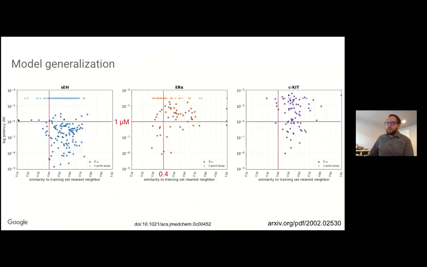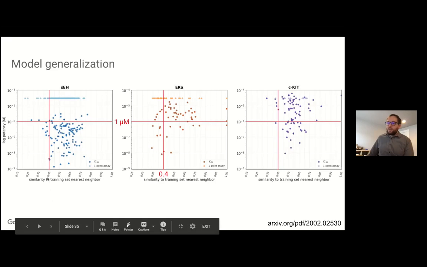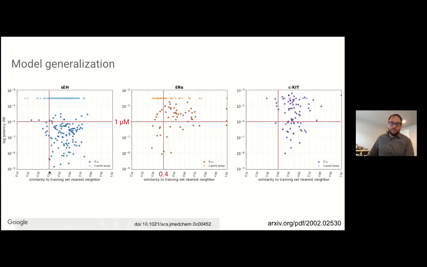So this threshold represents a 1 micromolar cutoff. Everything below this threshold is better than 1 micromolar potency. And the vertical threshold is 0.4 in ECFP6 Tanimoto similarity, which I think is a handy rule of thumb for deciding whether something would be considered by a chemist to be structurally unique or novel.